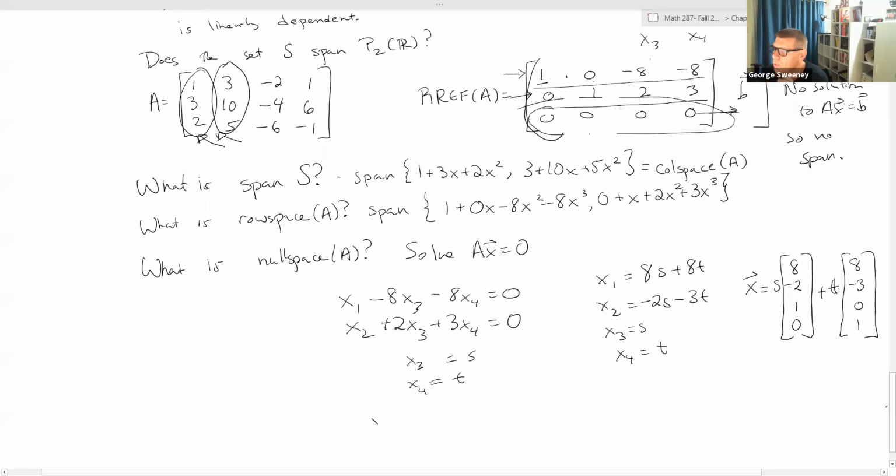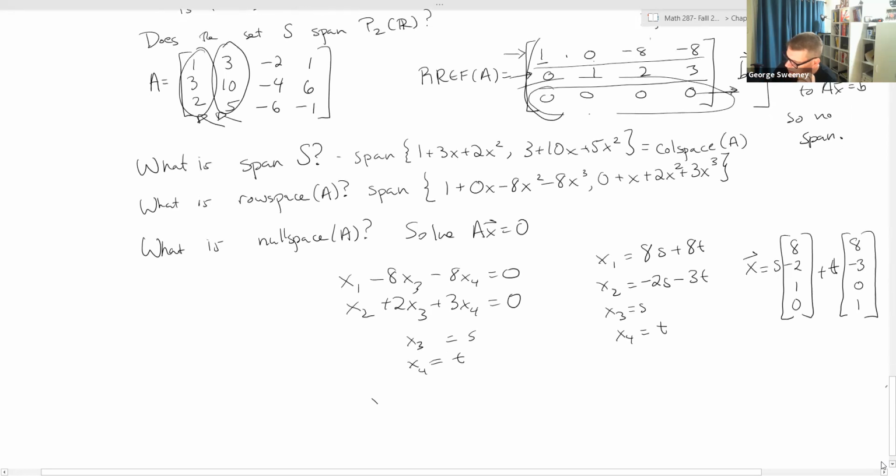And we're pulling those directly from our values for x1 through x4. So these two vectors are a basis for the null space.